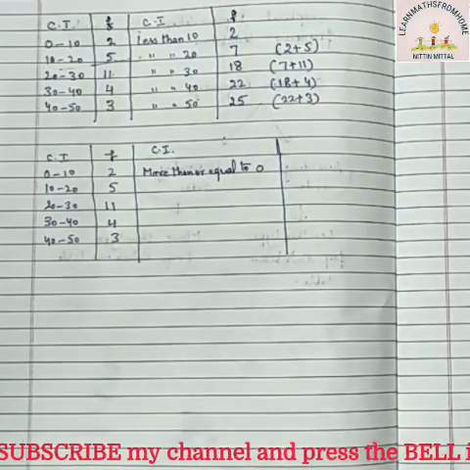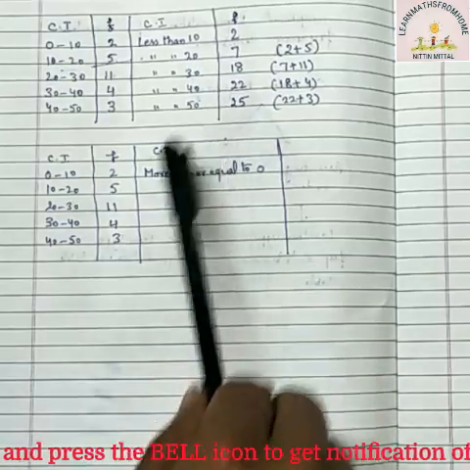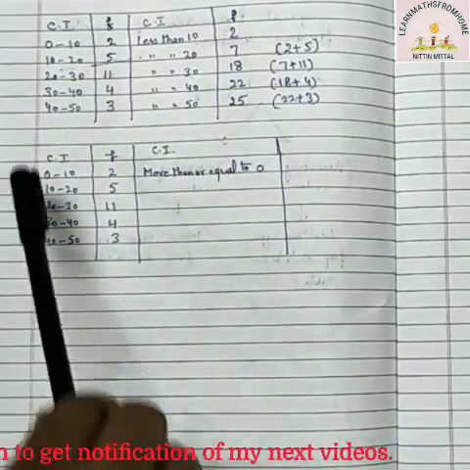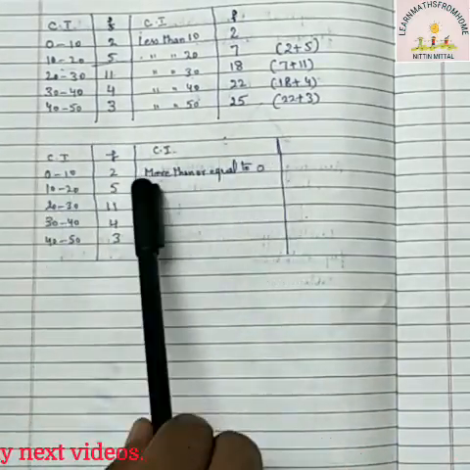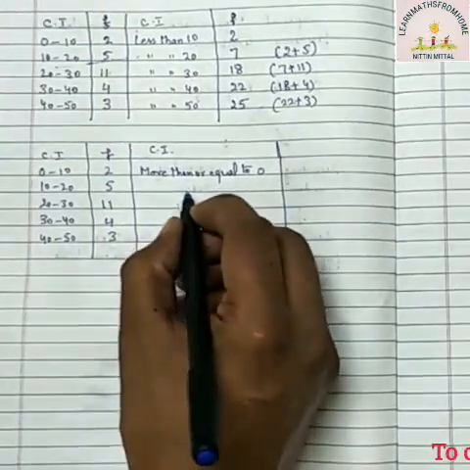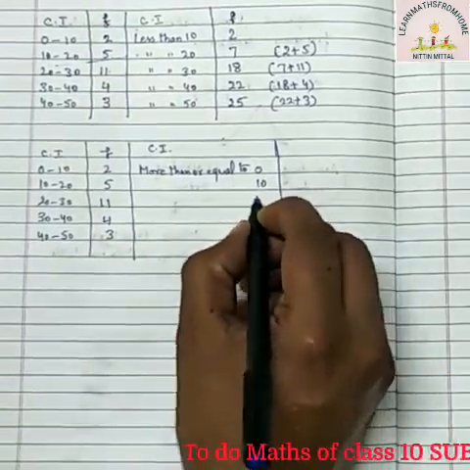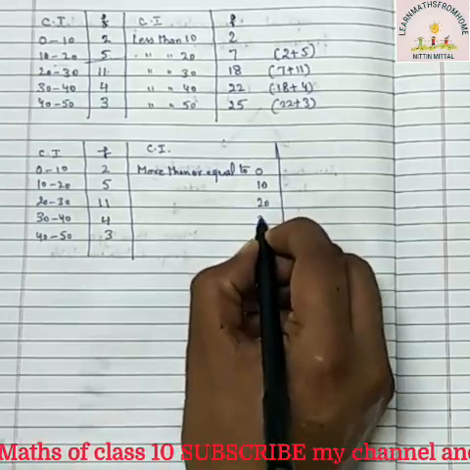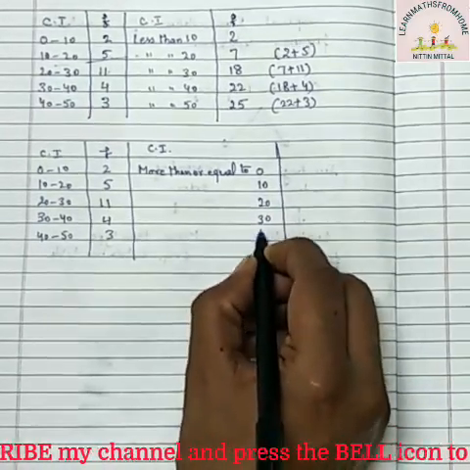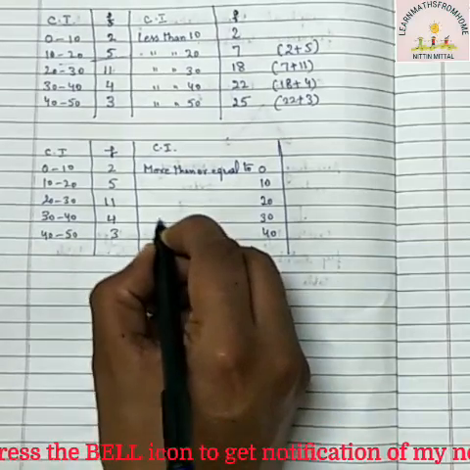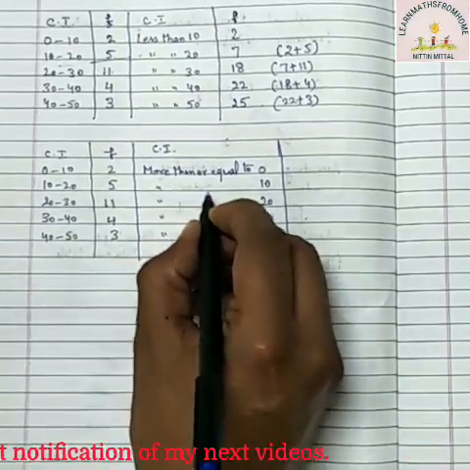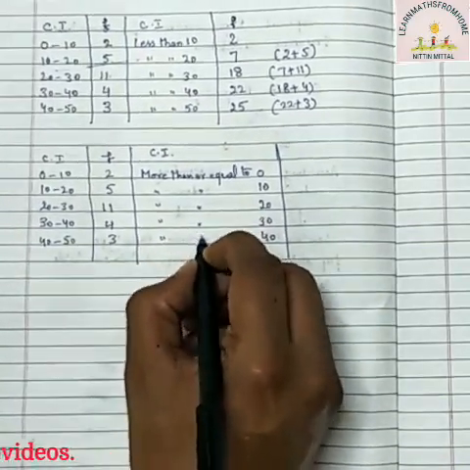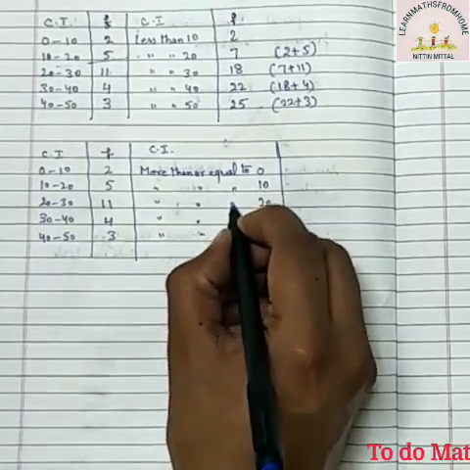In less than type we have taken the upper limits. In more than type we will take lower limits. So more than or equal to 0, more than or equal to 10, more than or equal to 20, more than or equal to 30, more than or equal to 40. So here more than or equal to will be written.